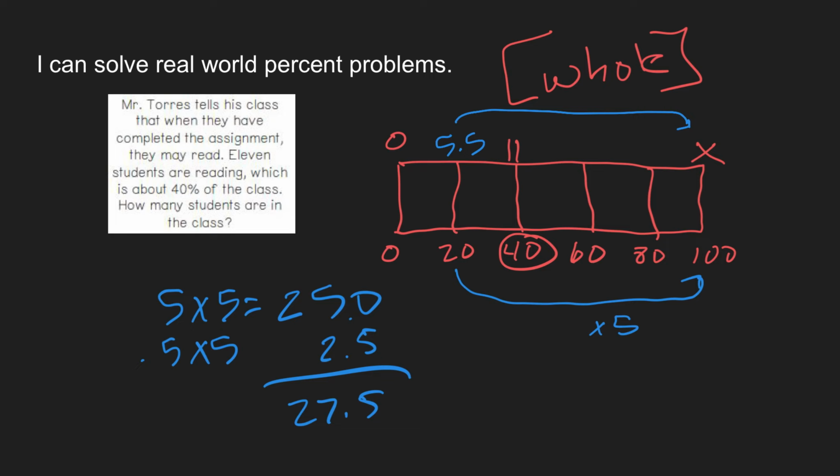So let's hope that it's not 27.5, because that's kind of bloody. So I would say, since it said about, I would say maybe 28 students, or it could be 27, something like that. Or we could have rounded, we could have changed this 11 right here to 10 and changed this to 5 to do estimation.